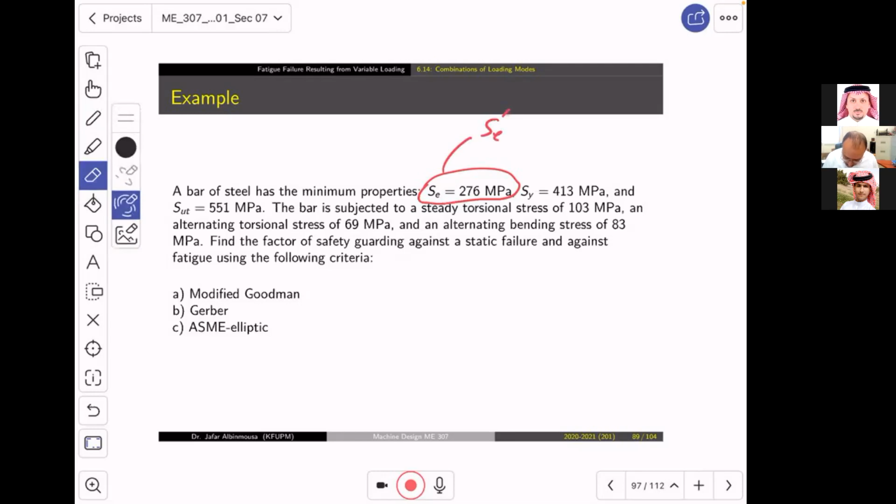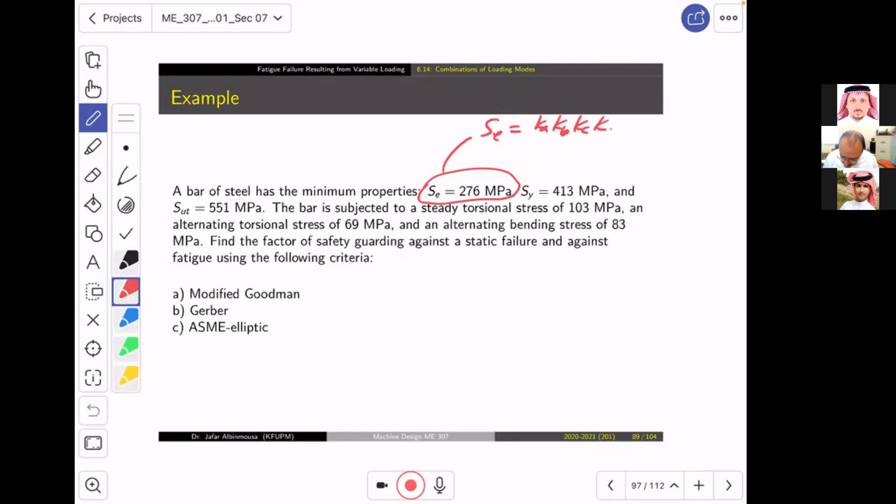was found by saying K_A, K_B, K_C, K_D, K_E, K_F multiplied by S prime. S prime is found by, let's assume, 0.5 S_UT. K_A is the factor for the surface. It has nothing to do with the loading. Is it cold drawn, hot rolled, whatever? K_B now is what?